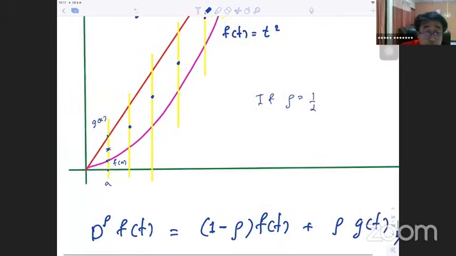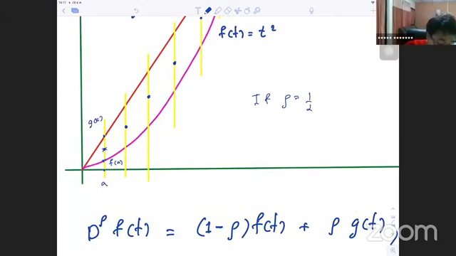And rho is 1 over 2, then between the middle between 2 points. And this again between 2 points here and here.